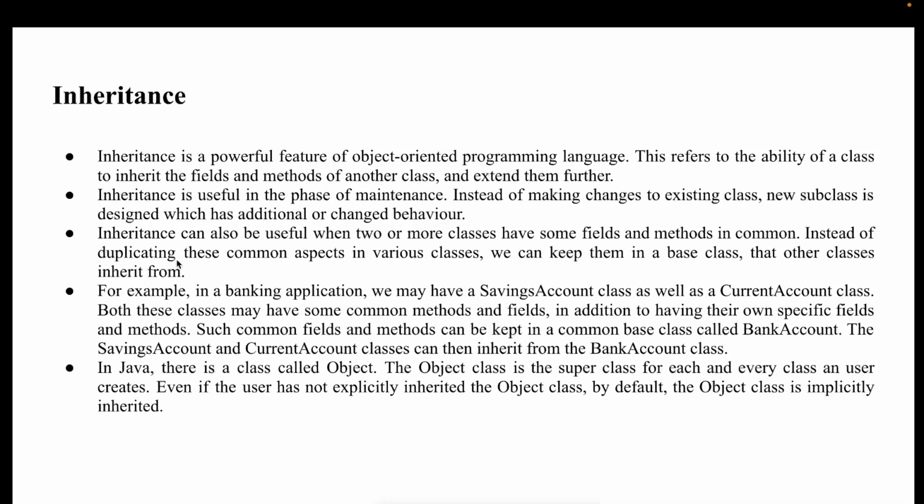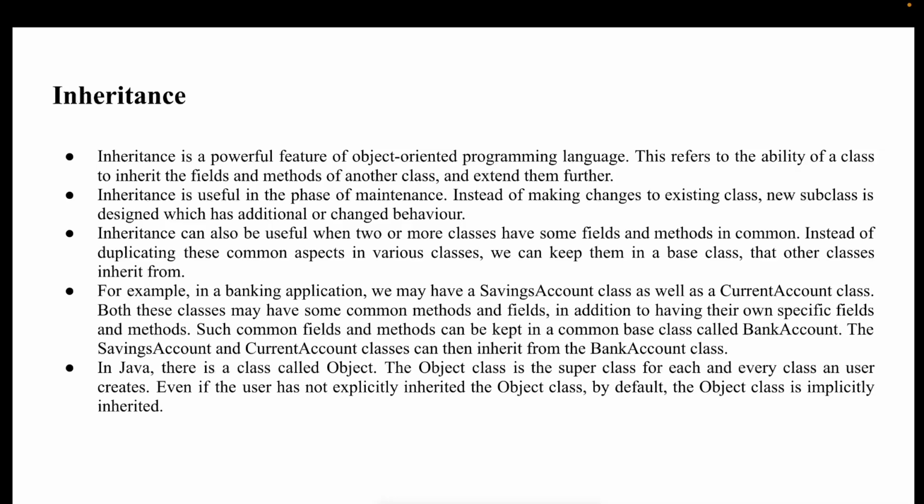Next, inheritance can also be useful when two or more classes have some fields and methods in common. Instead of duplicating these common aspects in various classes, we can keep them in a base class and the other classes inherit from it. Suppose you have many classes which have some common usage.